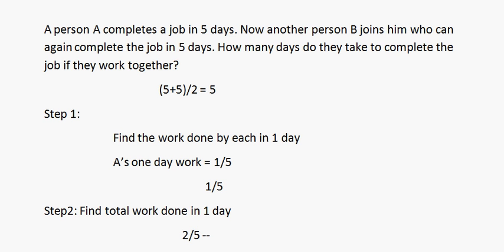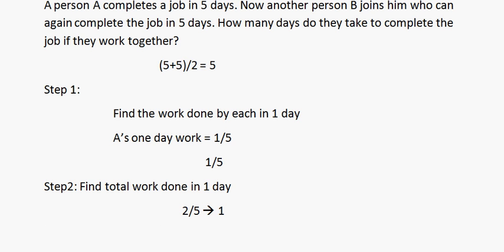So 2/5 of the work was done in one day. So complete work is 1, which would be done in 1 divided by 2 by 5, which is equal to 5 by 2 days, which is equal to 2.5 days, right? So this is how we do it.